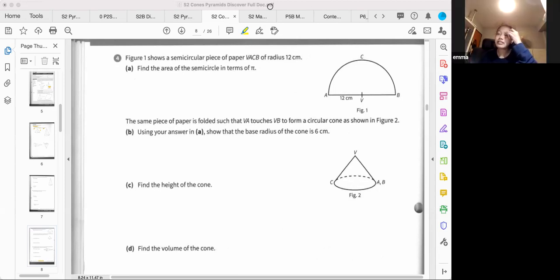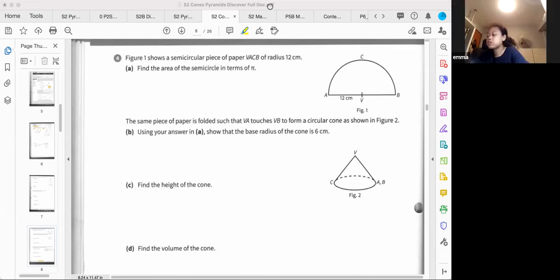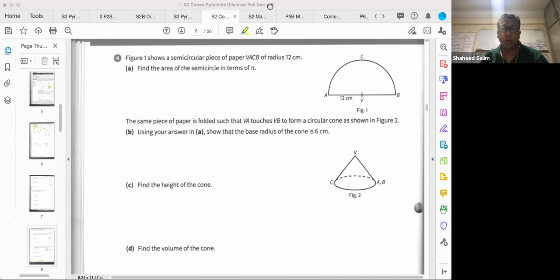They remember kacang putih, man. They're using that paper that you found the area of. They're going to fold it and make it into a cone. Okay, so that cone now is going to have a new radius. It's not going to be the same radius as what you found above. And then we need to find what's the radius.